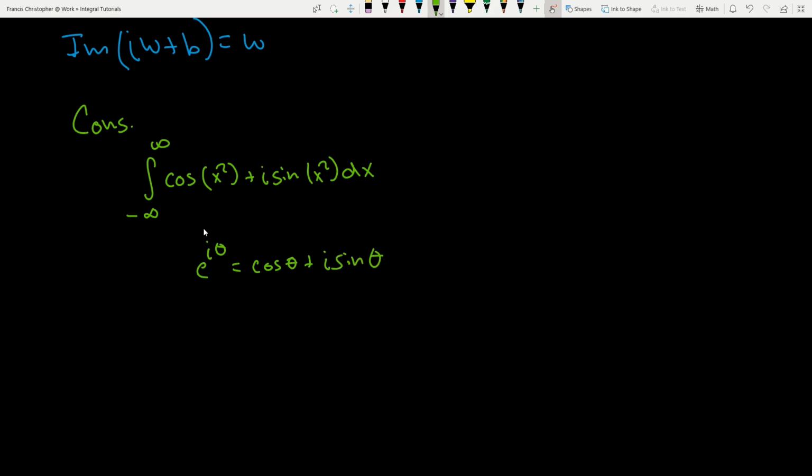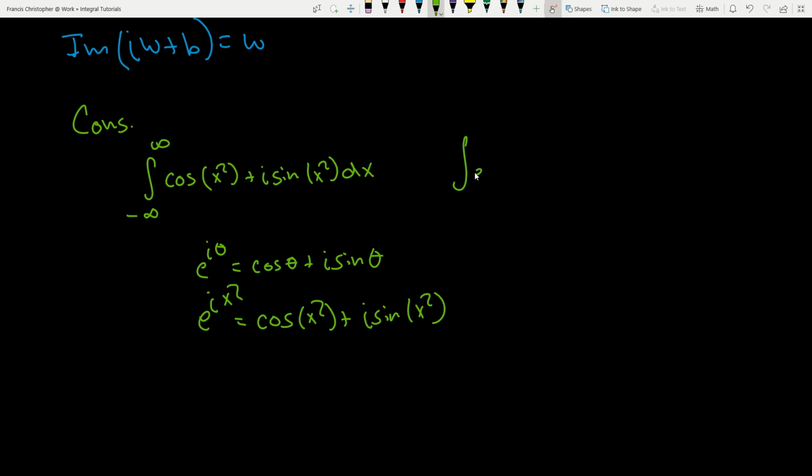And if x squared is our target theta, then e to the i x squared equals cosine of x squared plus i sine of x squared. Now, this is very close to the Gaussian integral.